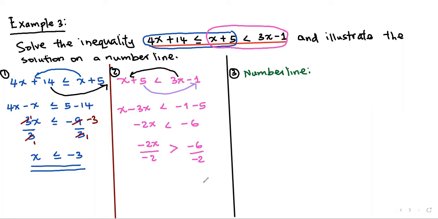So here we will get 1, and here we will get 3. So it implies that we have x is more than 3. Is that okay, student? Yes. Okay.